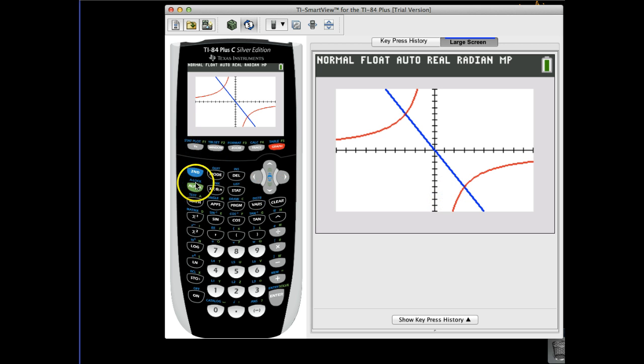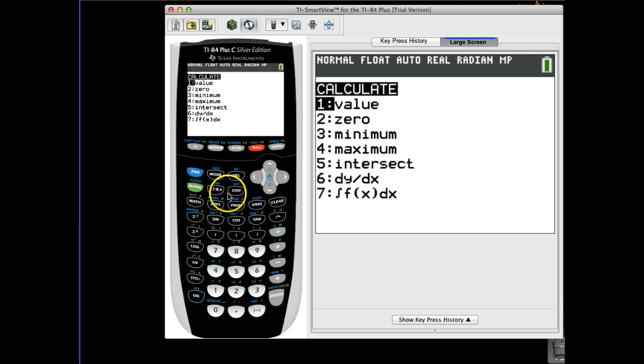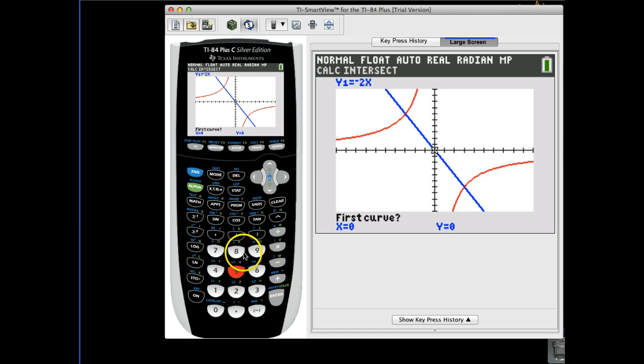The other way that we can find intersecting points, and you don't have to do this, it's just because some of us like to have fun, is to go to second calc and go down to number 5. It says first curve, yes, so we press enter. Second curve, yes, this up here is the second curve.